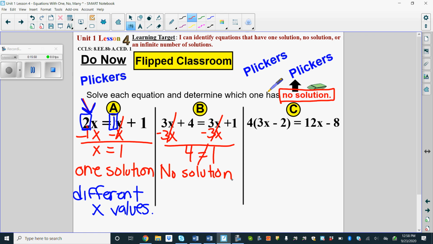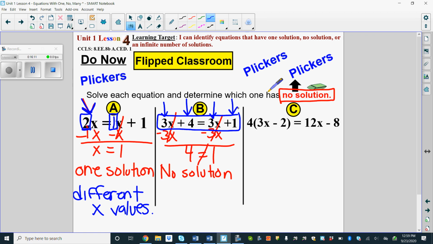And like we said before, let's see how we can identify it looking at the original equation. If you see here, their x values on each side of the equal sign are the same, but the number being added or subtracted is different.